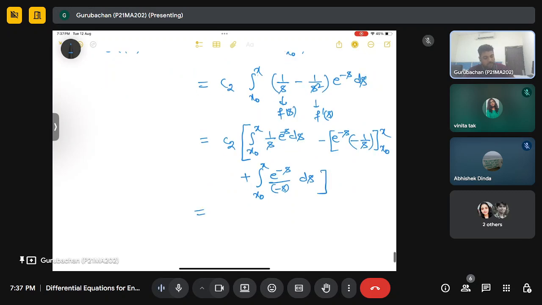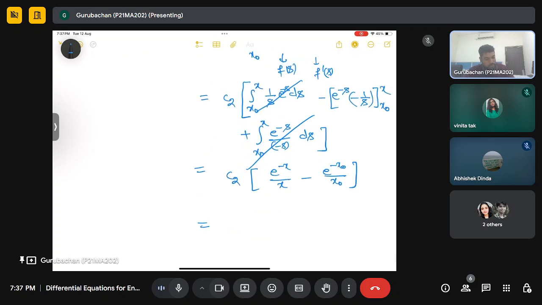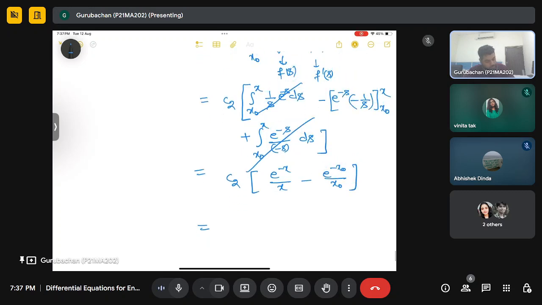Observe from here, these two factors will cancel out, and you will get only e to the power minus x divided by x minus e to the power minus x naught divided by x naught. So if you solve this one, c2 times e to the power minus x divided by x minus e to the power minus x naught divided by x naught.